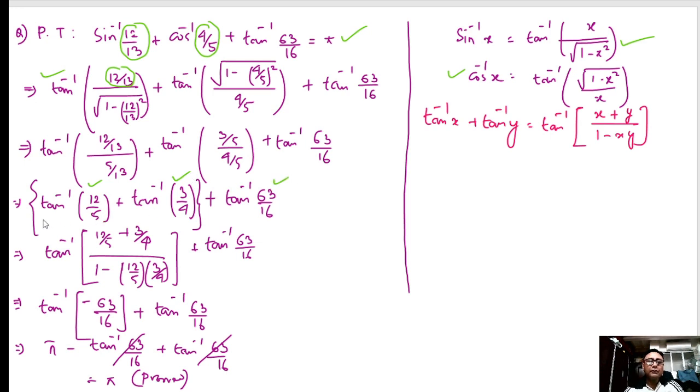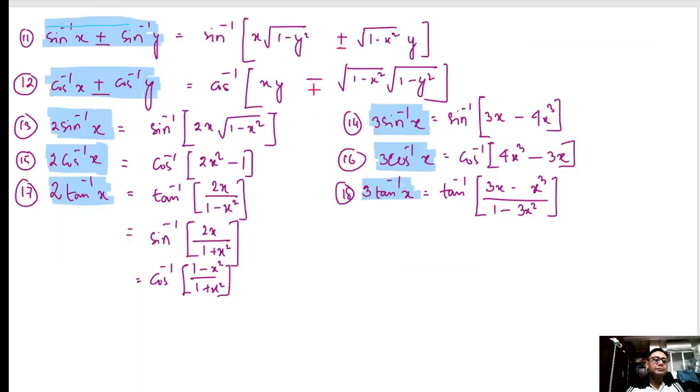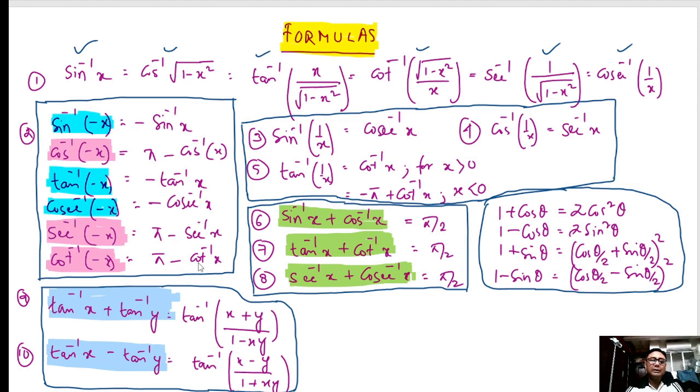Now this is the formula of tan inverse x plus tan inverse y, which is tan inverse x plus y by 1 minus xy. Using it and solving, we get this plus this. Now tan inverse minus 63 by 16. We gave a formula already for tan inverse minus x.